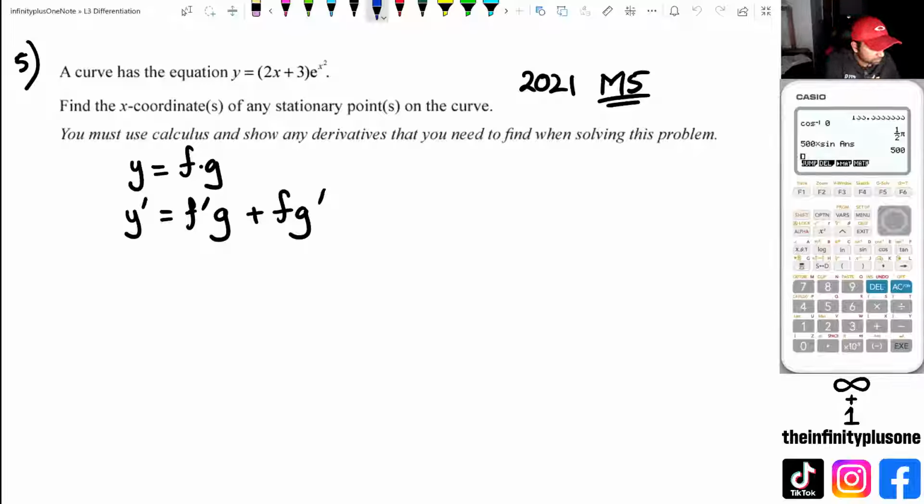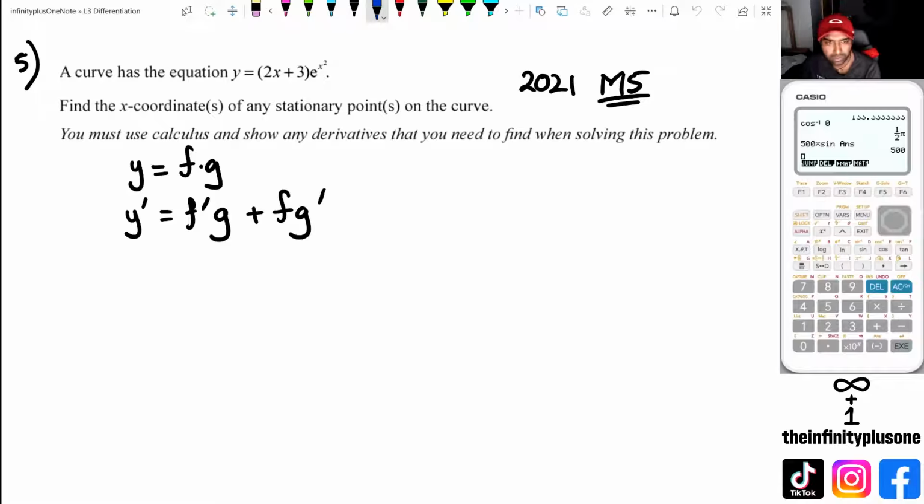E to the power of x to the power of 2. Yep, that looks about right.